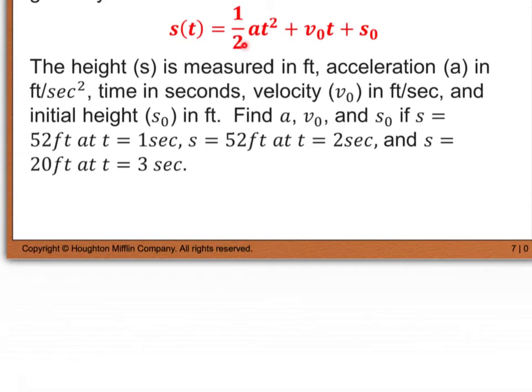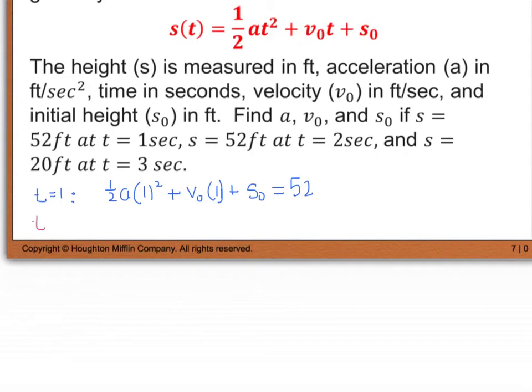So when we look at time t equals 1 second, we're going to have 1/2 times a times 1 squared plus v sub 0 times 1 second plus s sub 0 is going to equal 52 feet. And again, I got that from plugging that into this equation here.